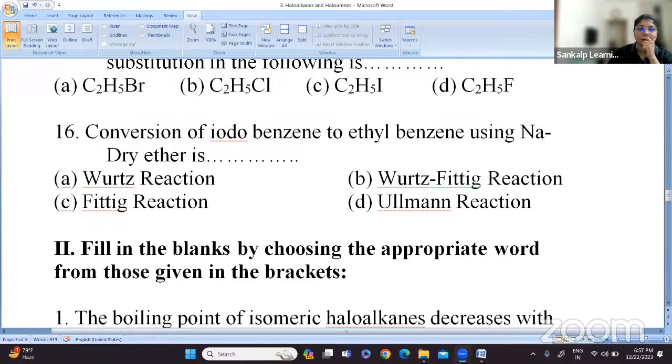Okay. Any doubts? We are left with fill in the blanks, then 2 marks questions and 5 marks questions. So this we will do in the next class. If you have any doubts, you can ask me.